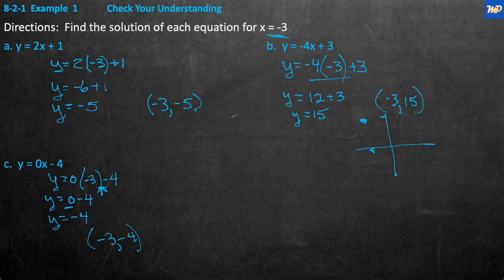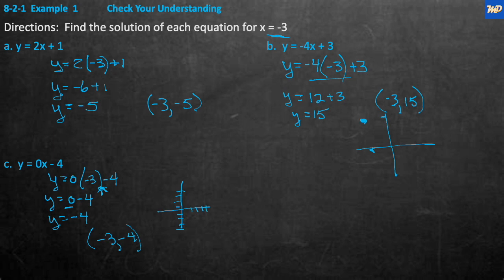So no matter what number we put in for x, the answer is always going to be negative 4. So if you look at a little graph, 1, 2, 3, 4, 1, 2, 3, 4, and whatever it is, we'll go out this way, it doesn't matter.